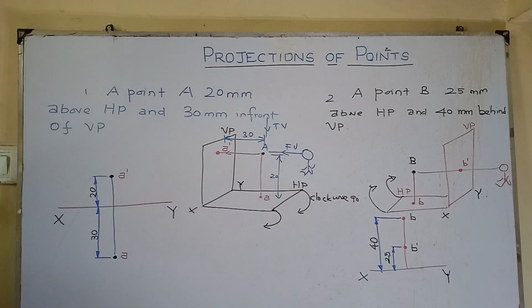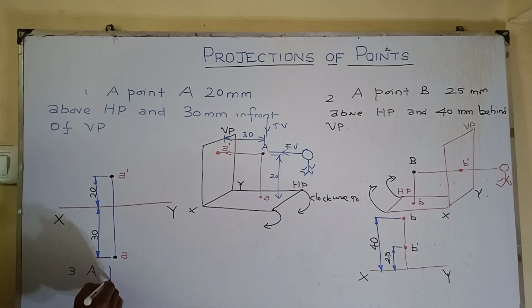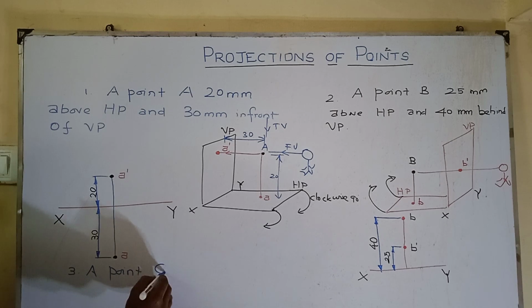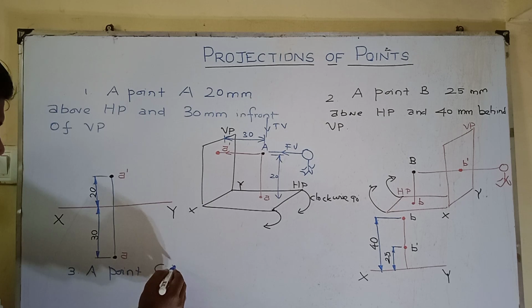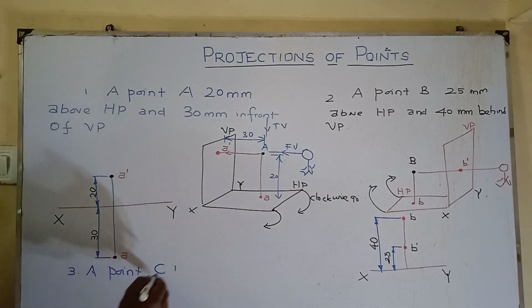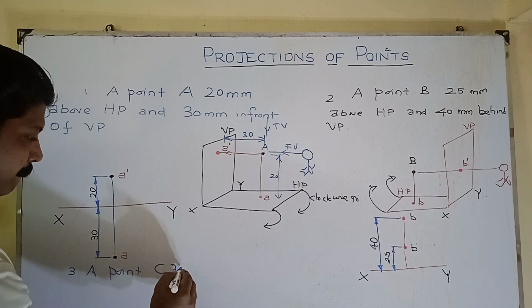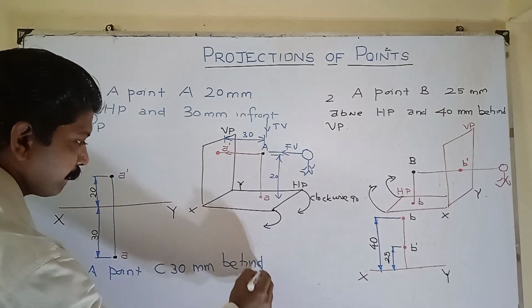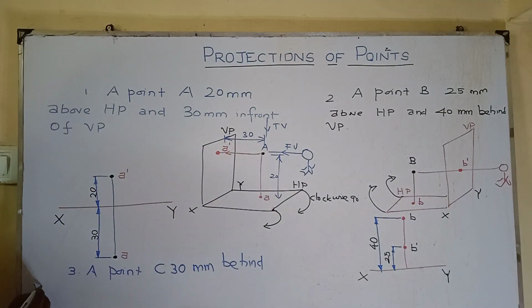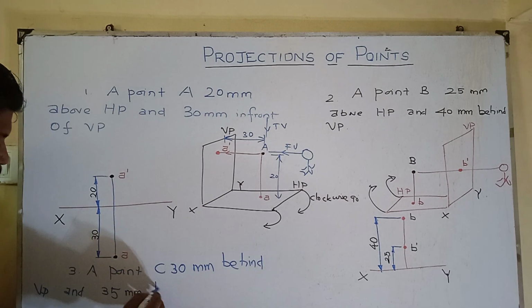A point C is 30 mm behind VP, and 35 mm below HP.